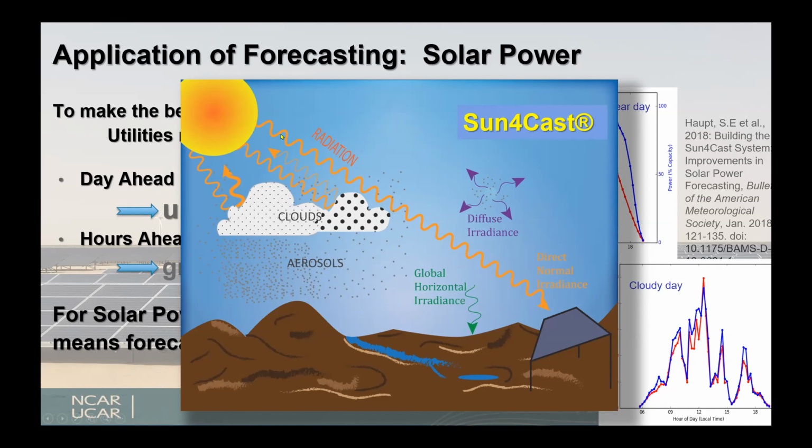Now, in addition to just predicting radiation through clouds, of course, we have diffuse irradiance as well that depends largely on the cloud droplets and the aerosols as well. So it's a very hard problem.